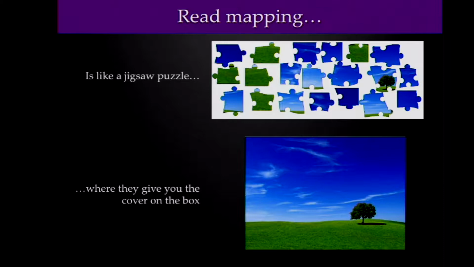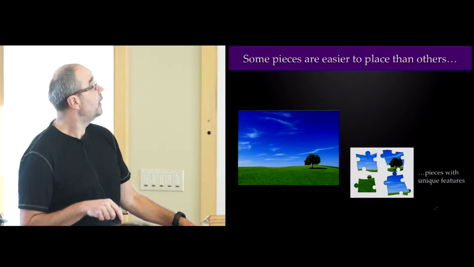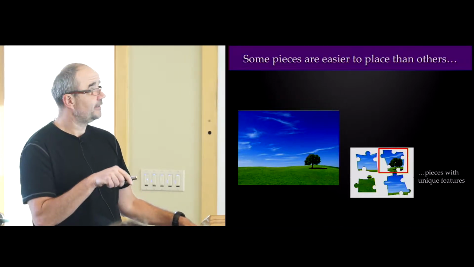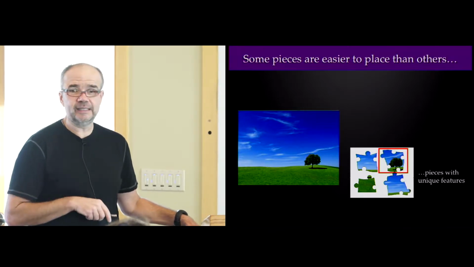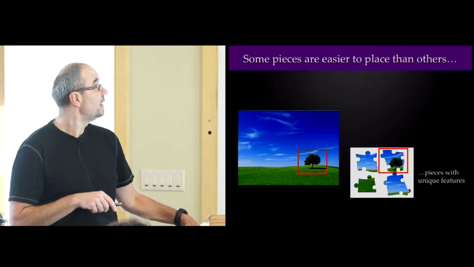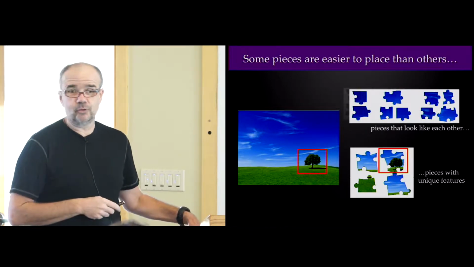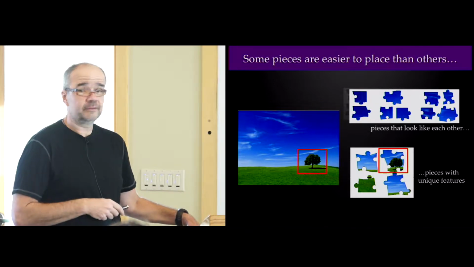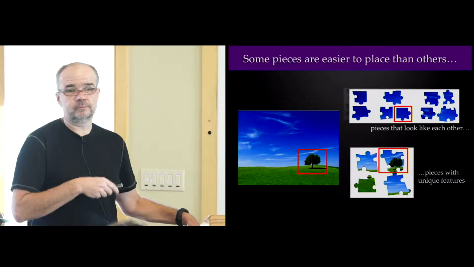So now you can try to take every individual piece and figure out where it is in the grand scheme of things. Which, of course, and this is why it's a good analogy, is an easy task for certain pieces, like this one here with the tree. It's very easy to know where that comes from because it has such unique features. But others, like pieces of the sky, are a little more difficult to place, because they look like many other places in the genome. Okay?